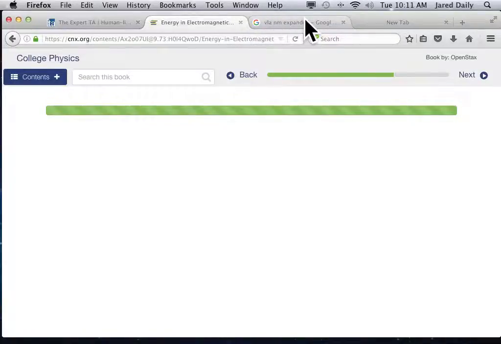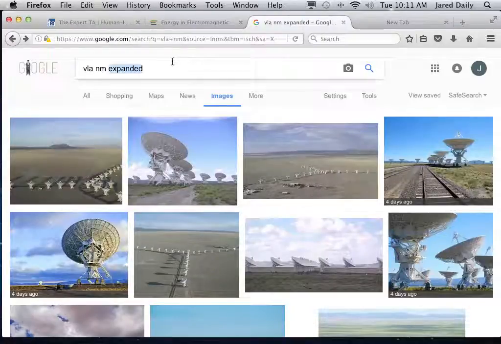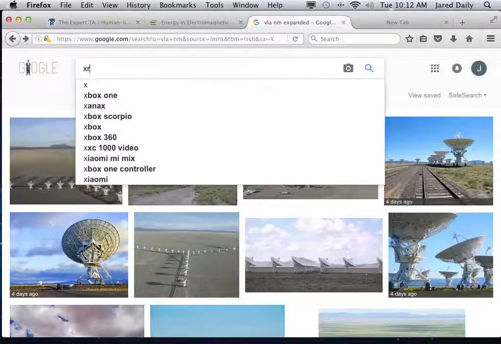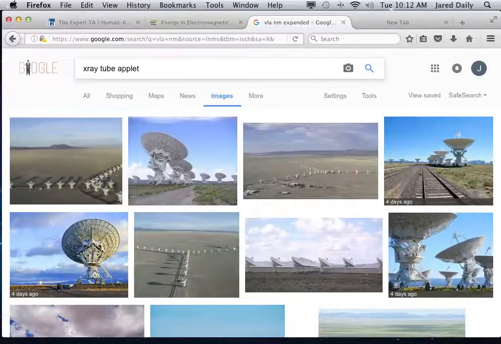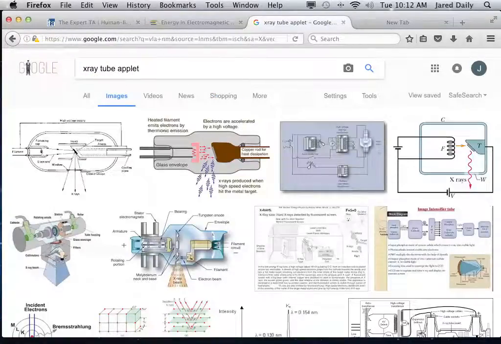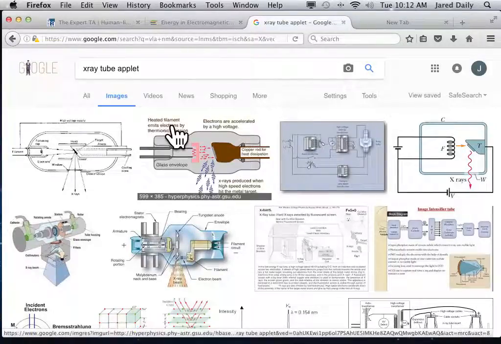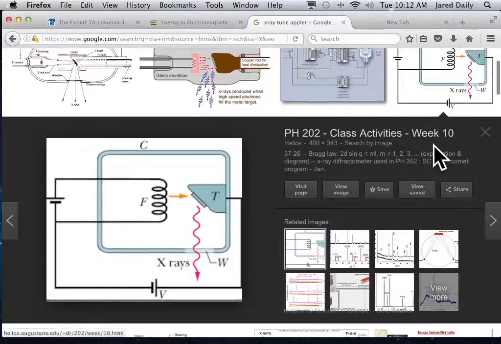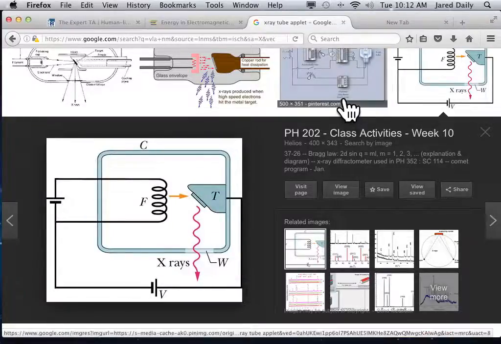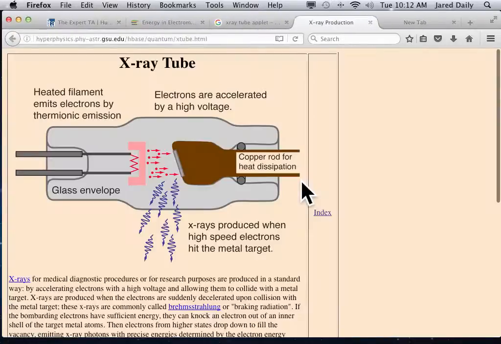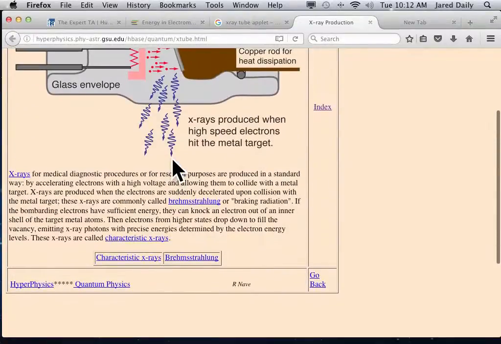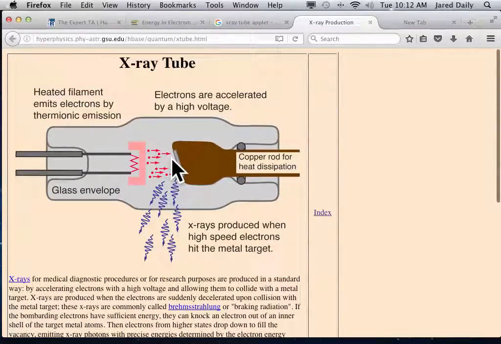Let's look at another good image of this, where you have your filament that's shooting off the electrons.